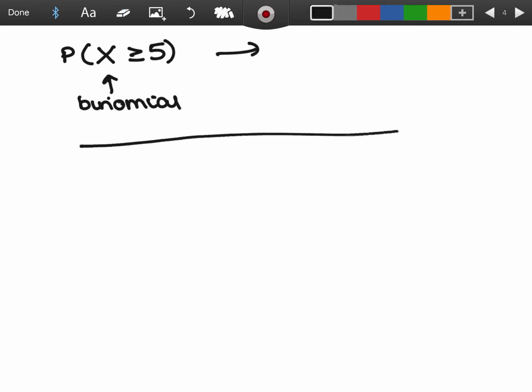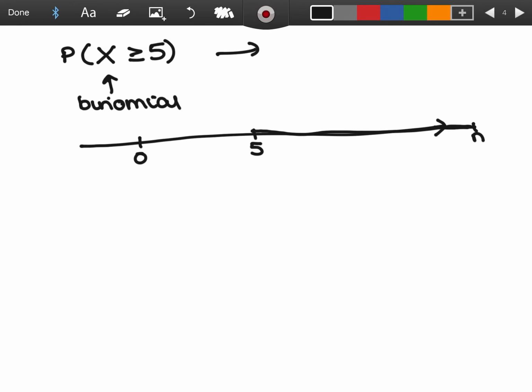So again, draw yourself a number line, okay? 0 is the lowest amount of successes you can possibly have. We're looking at the probability of having greater than or equal to 5 successes. So you can go up to however many trials you've got, let's say n trials. But I want the probability that I have at least 5 successes, okay?